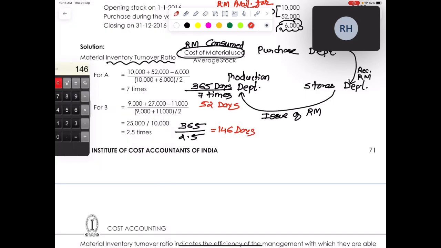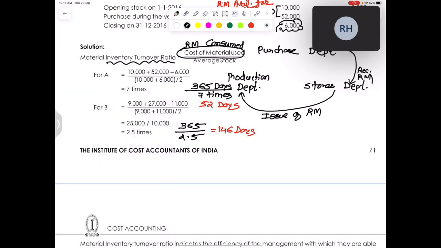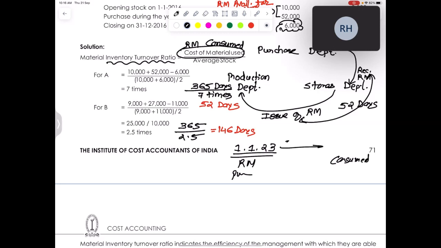That's why I'm communicating to you that the time between receipt of raw material and the consumption of raw material in case of raw material A is 52 days. It means if we purchase raw material on 1st of January 2023, it has been consumed in 52 days, that is approximately 21st of February 2023.